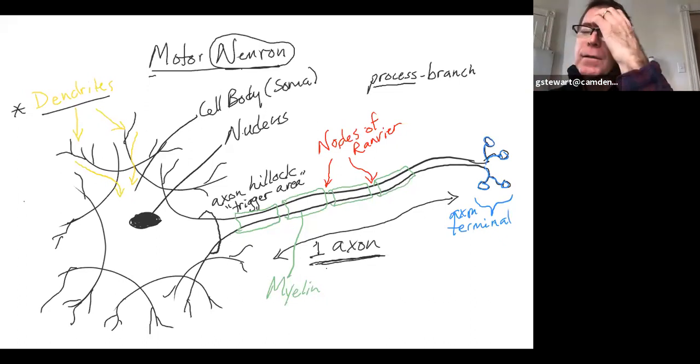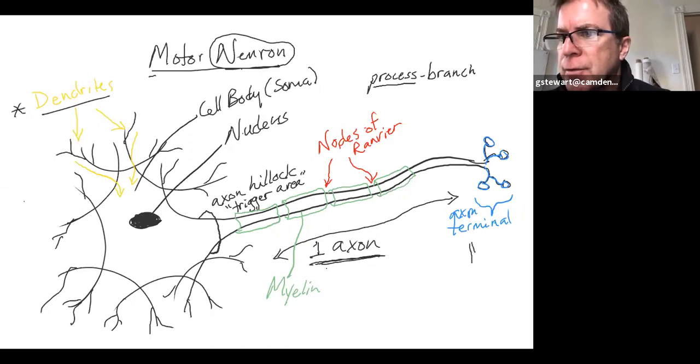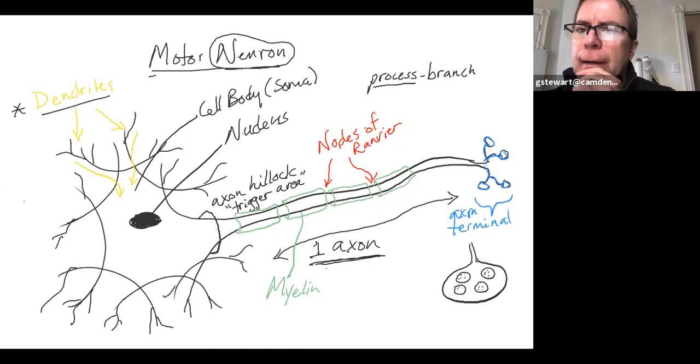It is in these little bulbs or buttons that neurotransmitter is assembled and stored in vesicles. So I'm just going to blow up one of these axon terminals. I'm going to magnify it. Within here are little bubbles with chemical in them, stored chemical. That's what's happening down here in this end. You just can't see it on my small drawing.